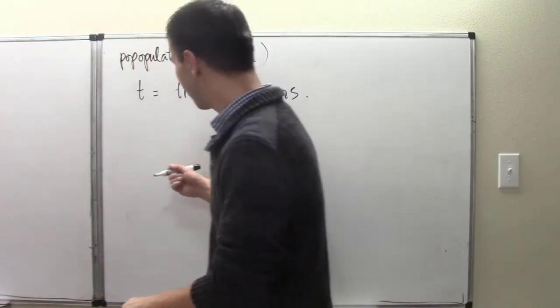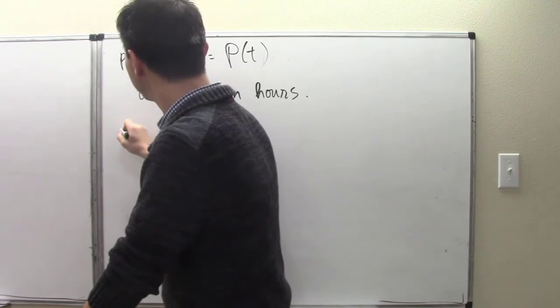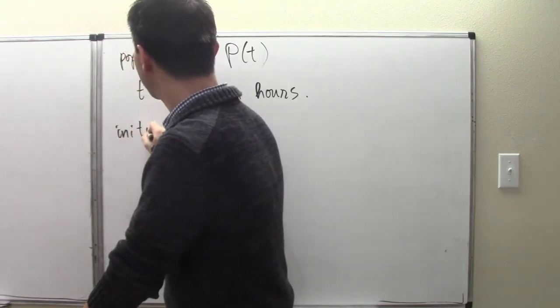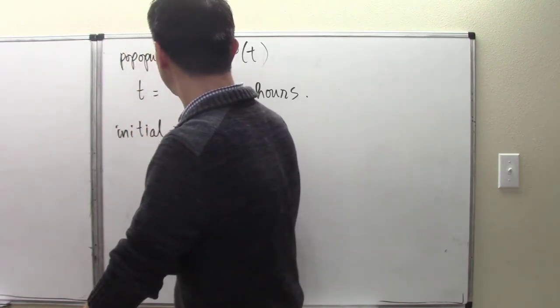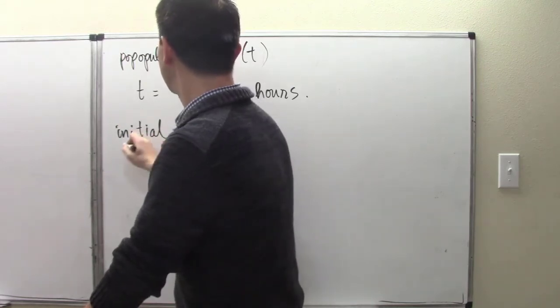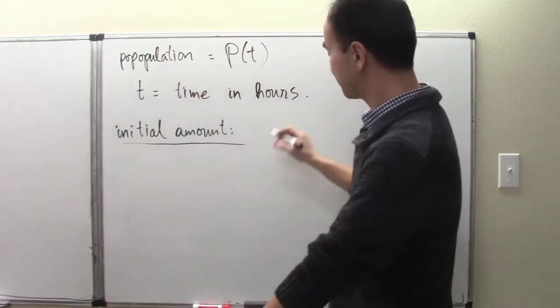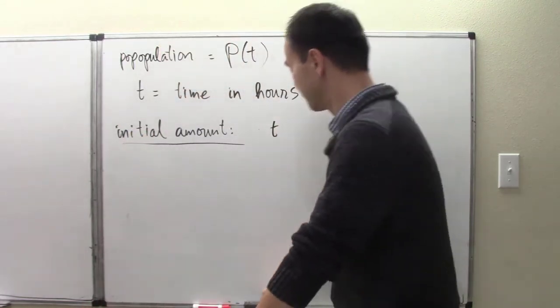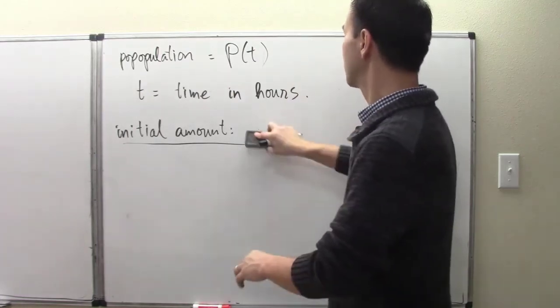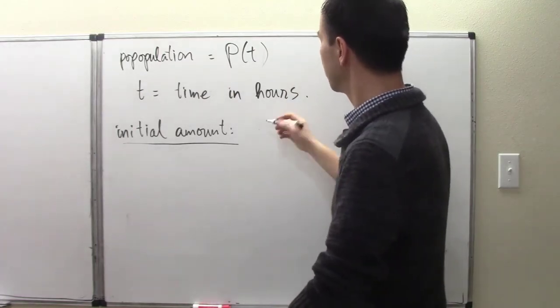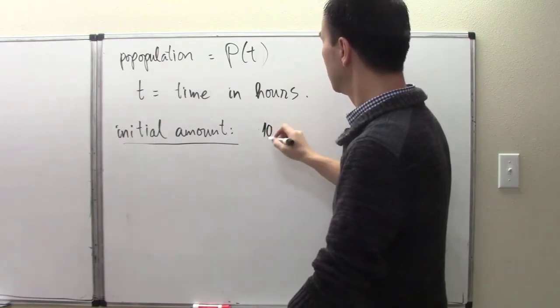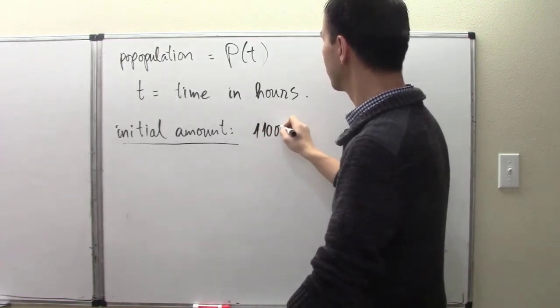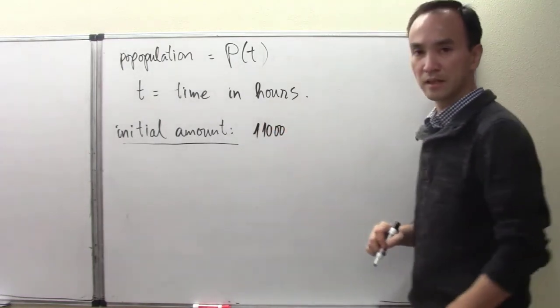So I'm going to refer to this as the initial amount. I'm looking at 11,000.